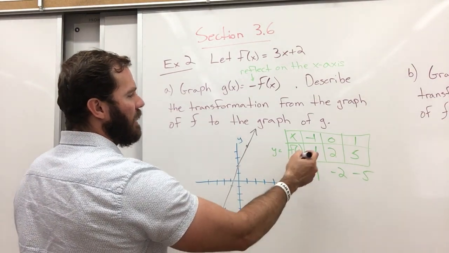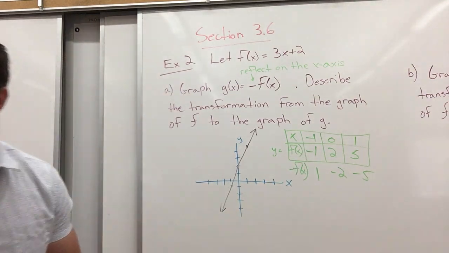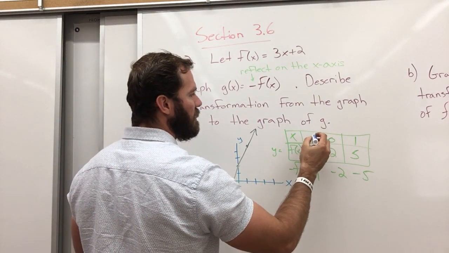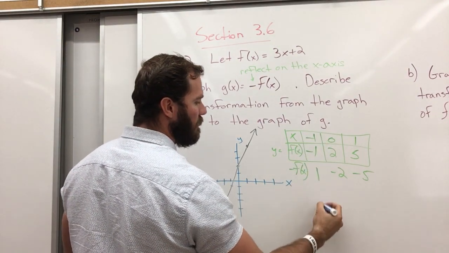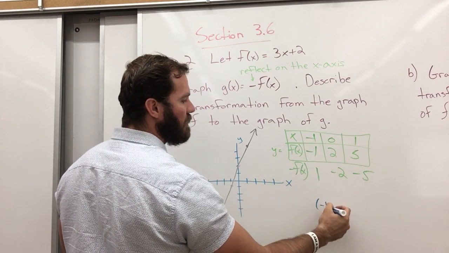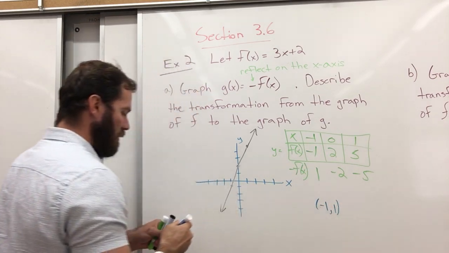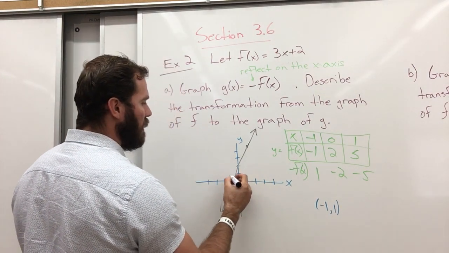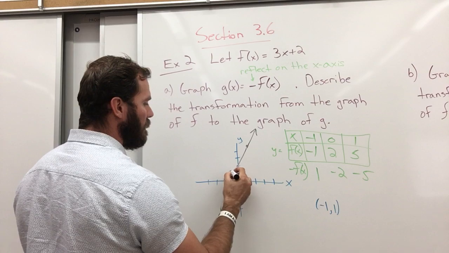So when x is -1, our negative f of x is 1. So that will go, right? When x is -1, y is 1, right there.